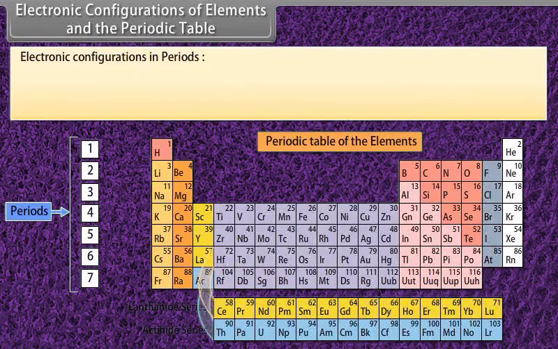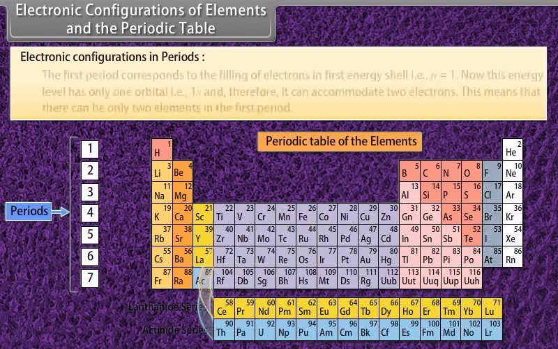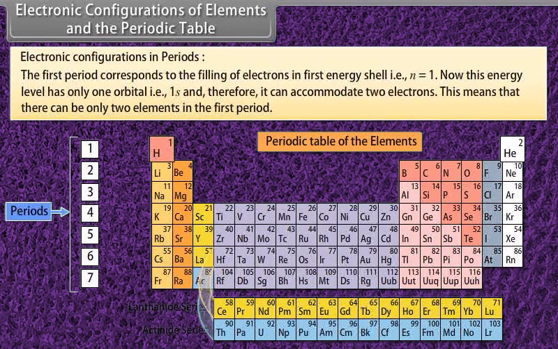Electronic configurations in periods. The first period corresponds to the filling of electrons in the first energy shell, that is, n = 1. This energy level has only one orbital, that is 1s, and therefore it can accommodate 2 electrons. This means that there can be only 2 elements in the first period.